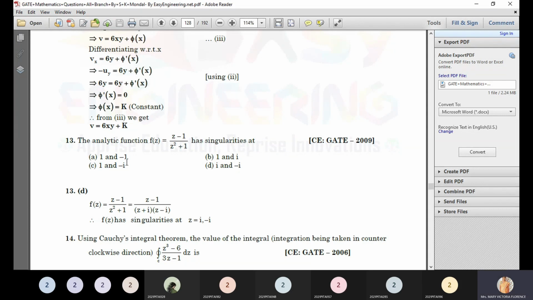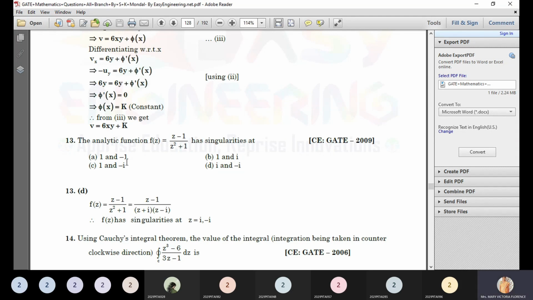Options are 1 and minus 1, 1 and i, 1 and minus i, and i. First take the function f z. F z is z minus 1 by z square plus 1. See, the denominator z square plus 1 can be factorized as z plus i into z minus i.